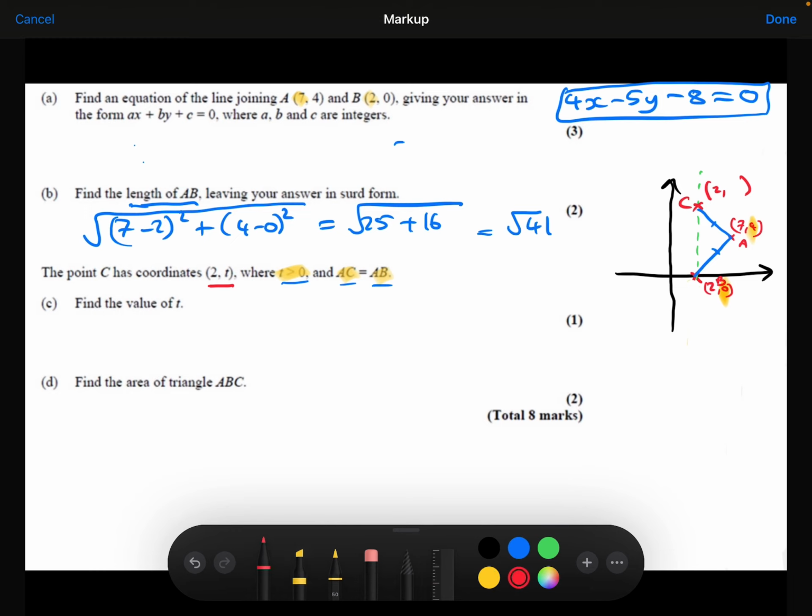That must mean that the y-coordinate of point C has to be 8, because remember that AB, this length here, is equal to this length here, which means that the difference in the y-coordinates between 4 and 0 has to be the same as the difference in the y-coordinates between 4 and C. So that is how I know that t is 8.